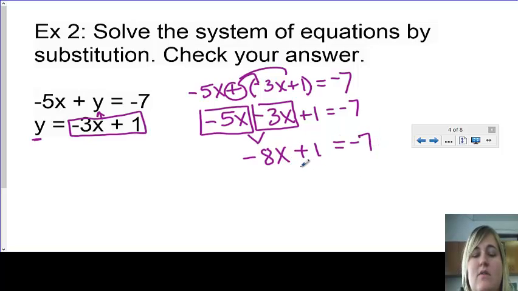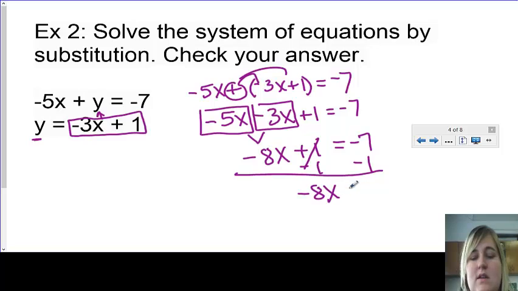To get x by itself, I have to start by subtracting that 1 from both sides. So I have that negative 8x is equal to negative 8. To get x by itself, I will divide by negative 8 on both sides, leaving me with x is equal to 1.